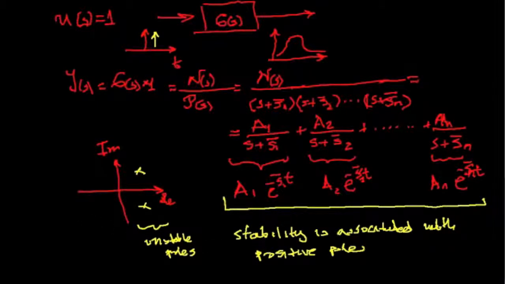Unstable poles. While here we have stable poles. So let's say this is the distribution of the stable poles. And why stable and unstable? Because positive poles means that the time evolution of these terms is going to diverge as time goes to infinity.